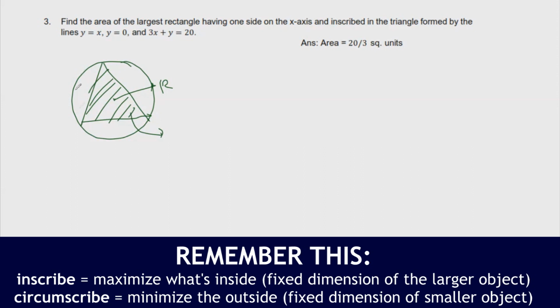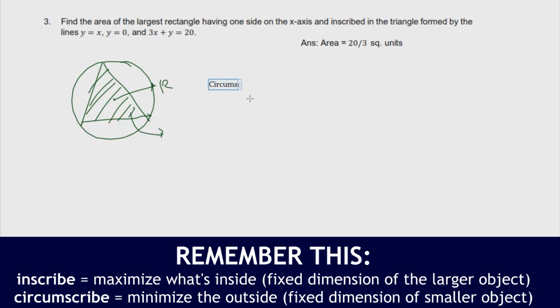If we are circumscribing a certain figure around a smaller figure, then the fixed parameter is the dimension of the figure on the inside. That's a very messy handwriting, let's just do this.